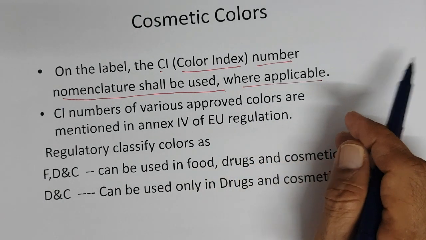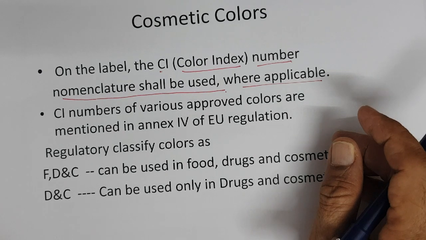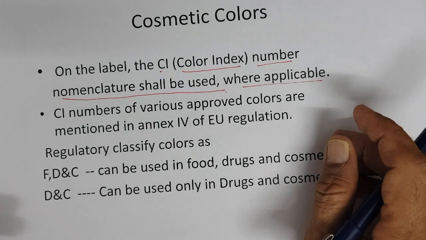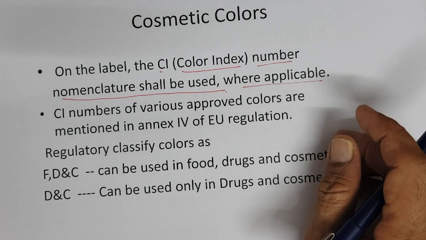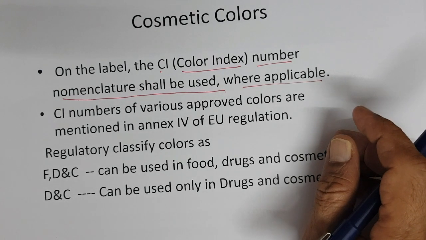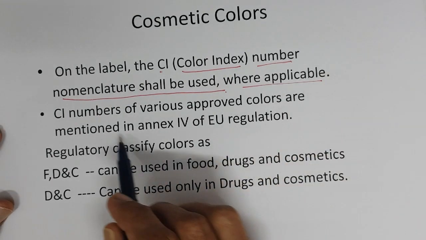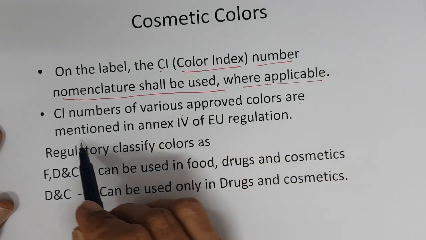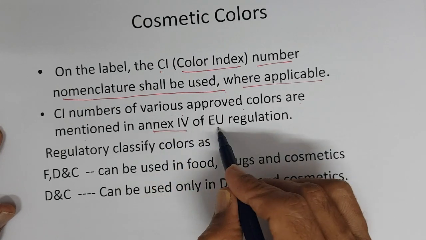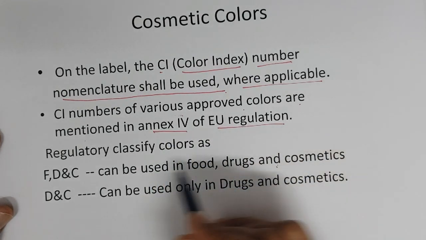For most of the colors it's applicable except for some of the hair dye precursors, and for the global standardization, the color index number is given in Annex 4 of the European Union. Every color has a color index number. So when you add that color, you need not name the color, you have to put the specific color index number on the label. The color index numbers of various approved colors are mentioned in Annex 4 of the EU regulation, right?